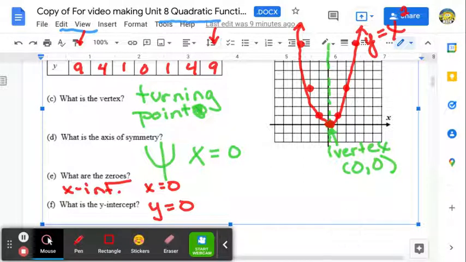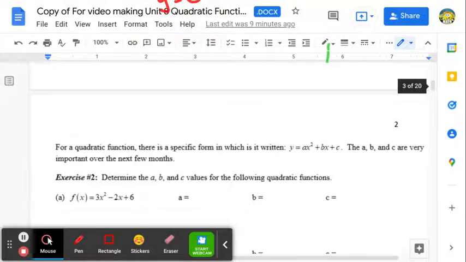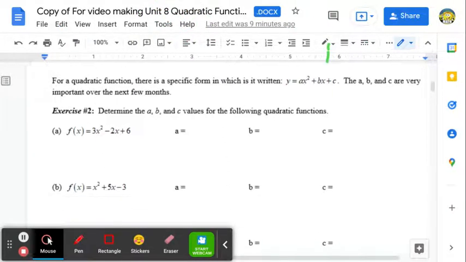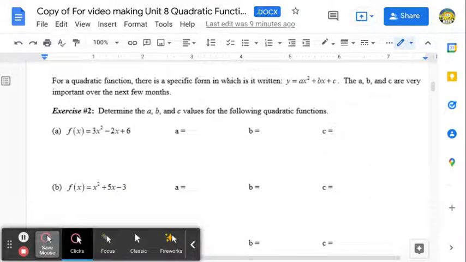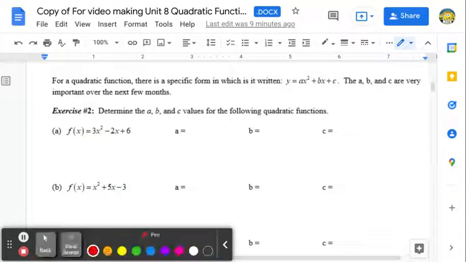So let's go to the next page. This page will go fairly quickly. And this is going to become much more important in our future lessons, but for now, since we're just starting quadratic functions, we'll take a look at this. So here's our form.